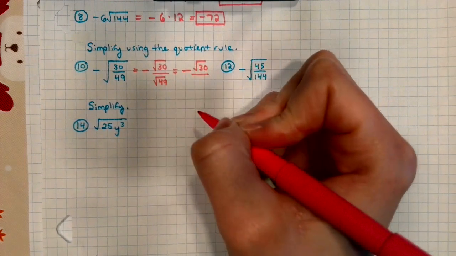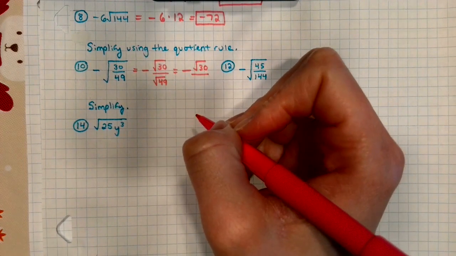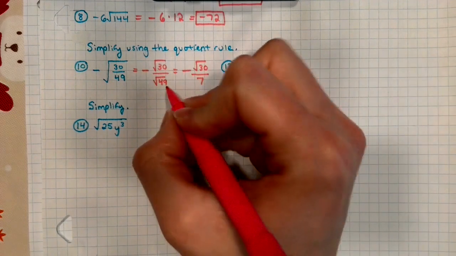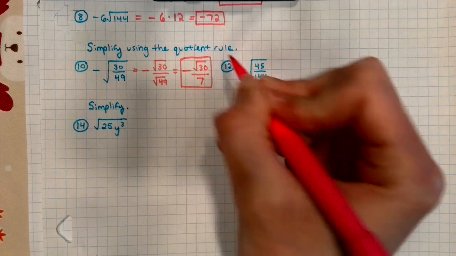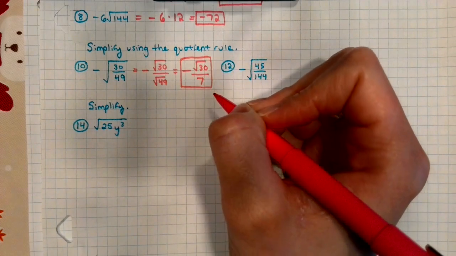And then the denominator of this rational expression is going to end up just being 7 since the square root of 49 is 7. So our final answer would be negative the square root of 30 over 7.